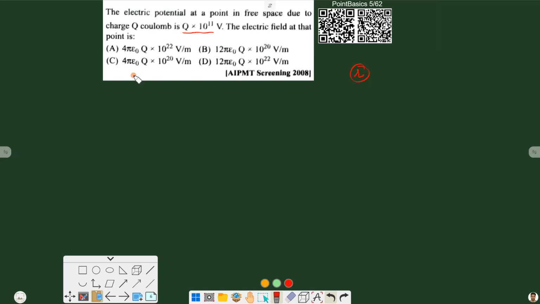So we can say V is equal to 1 by 4 pi epsilon naught into charge by r, and this value is given to be q into 10 raised to power 11. So this we know.